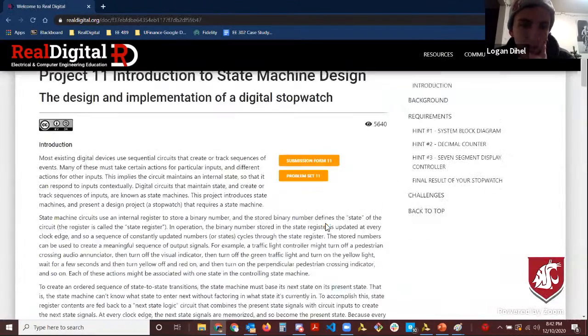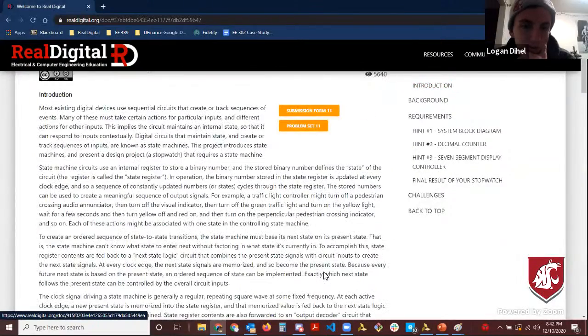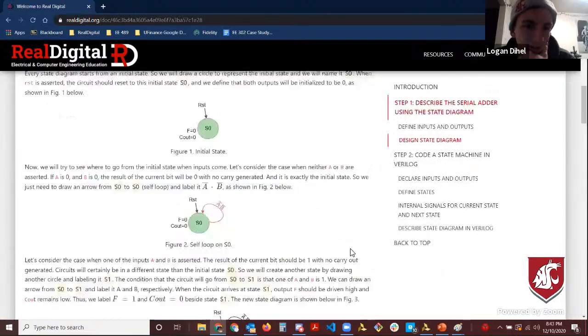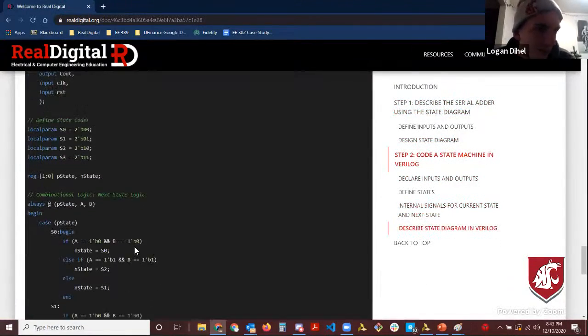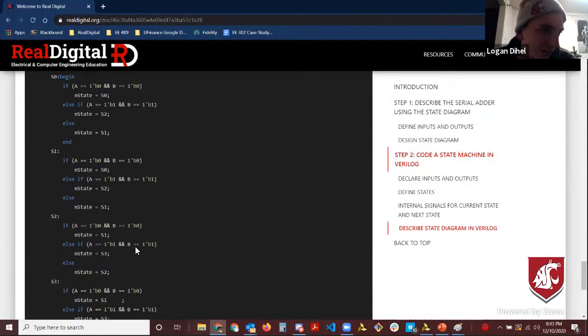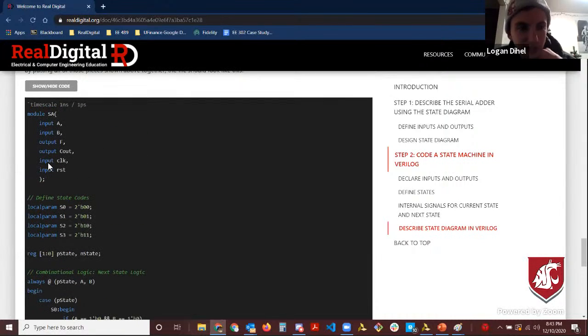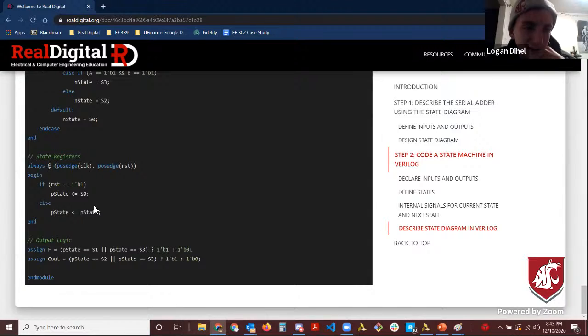Go to the tutorial, all the way at the bottom. Here's a great example of a state machine in Verilog. If you can understand what this guy is doing, then you'll be fine for the exam.